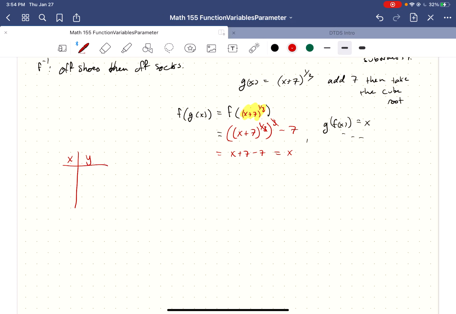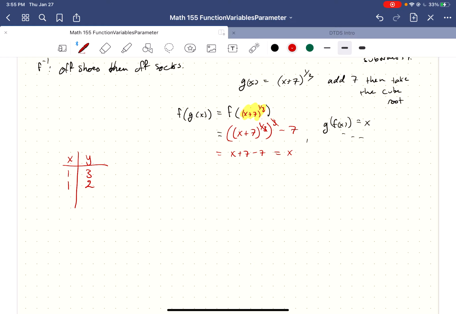I almost wrote input and output, but I'm going to be switching the role of everything. So first off, in order to be a function, I would look in the x column, or the input column, and if there's ever a repeated input with a different output, it's not a function.